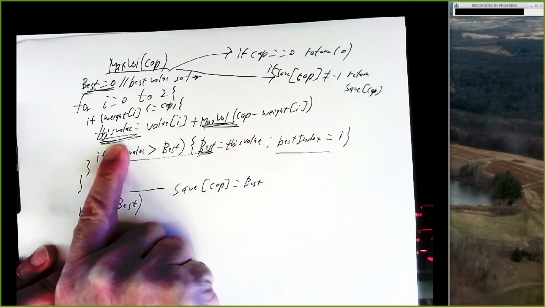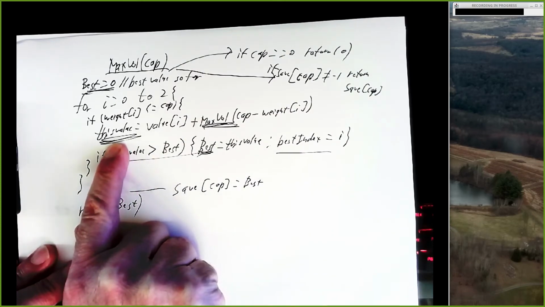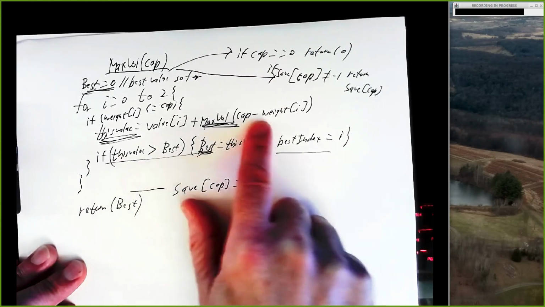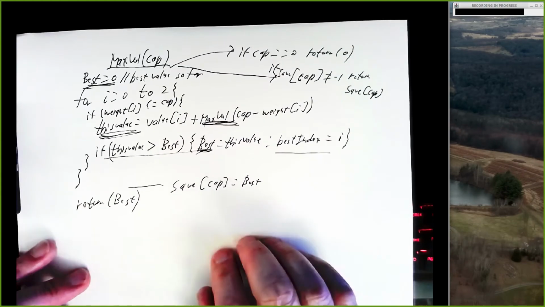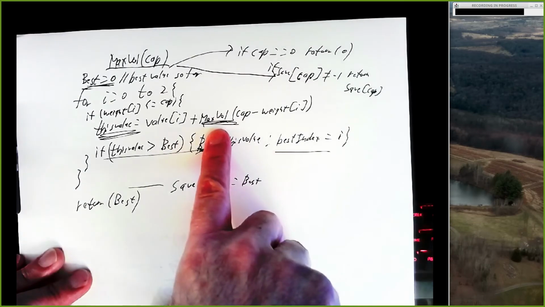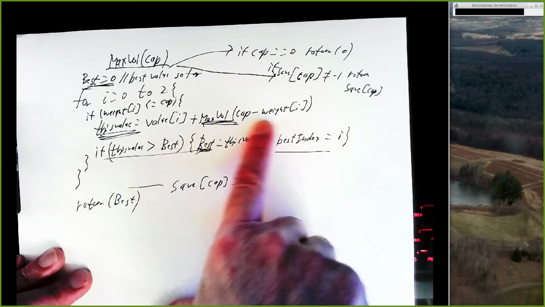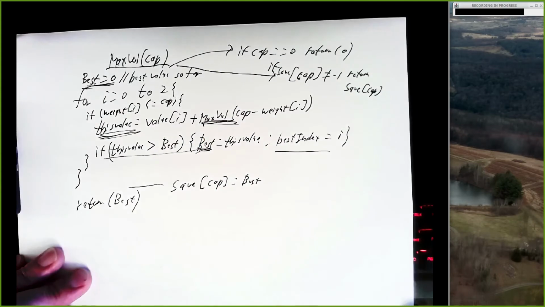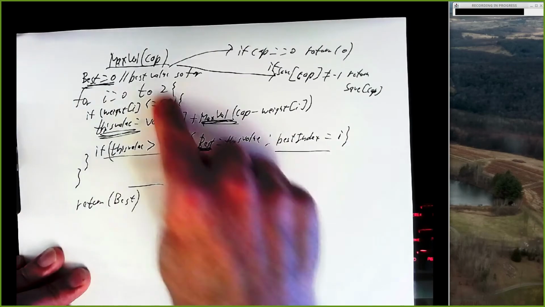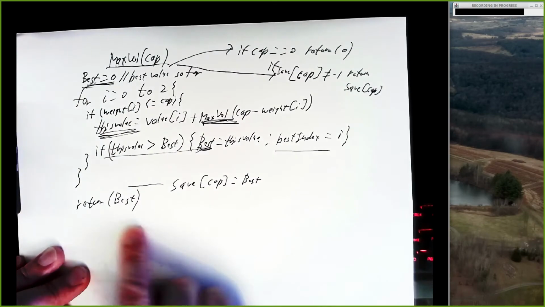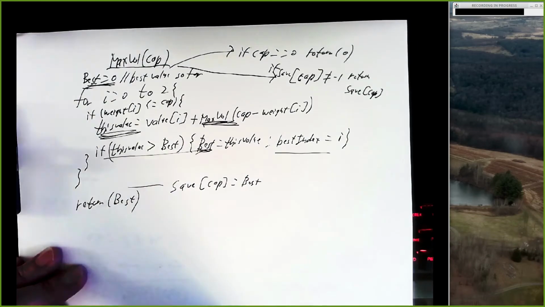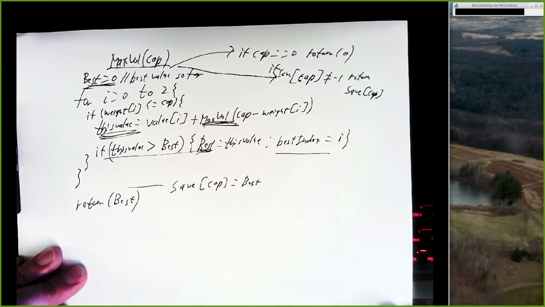This is the resulting value we got from that combination. If that was the best, well, let's remember what the best value is. Let's also remember what the combination of items was that gave us that. So we need a way to get the combination of items that gives us this max value so that we can bump up the count of item I, and remember that so that at the very end, when we exit, we know not only the best value, but we know the inventory as well. We need a way to return that to whoever called MaxVal, and we need a way to save that in our cache.